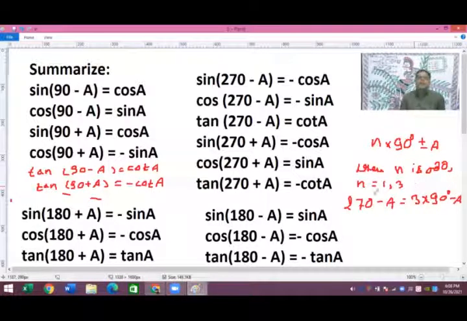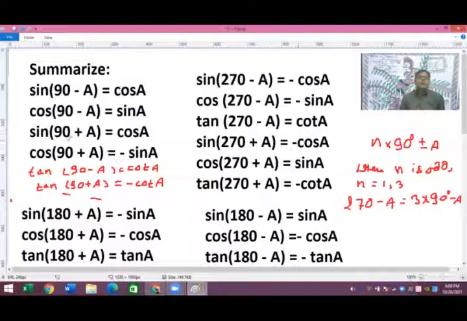So where you find the given trigonometrical ratios in the form of an odd number of times the 90 degree plus minus A, then what happens? Sine becomes cos and cos becomes sine, and similarly tan becomes cot.